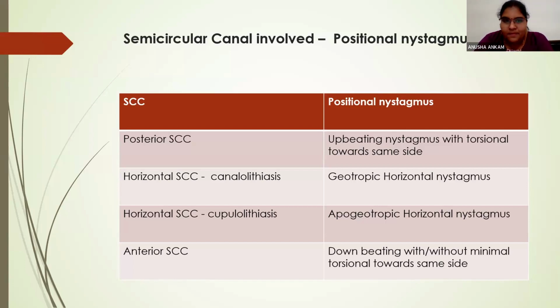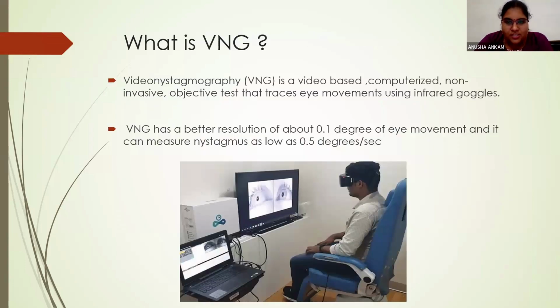We all know that. And coming to what is VNG, video nystagmography is a video-based computerized non-invasive test, which has this equipment. One is goggles with an infrared light source and inbuilt cameras. This infrared light source is useful in recording the eye movements in dark situations also.